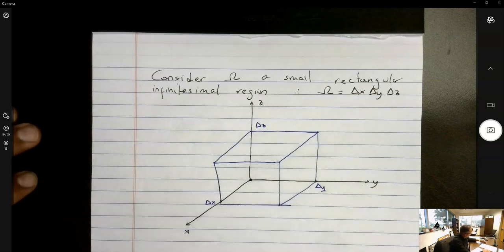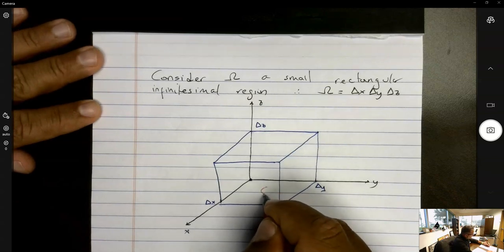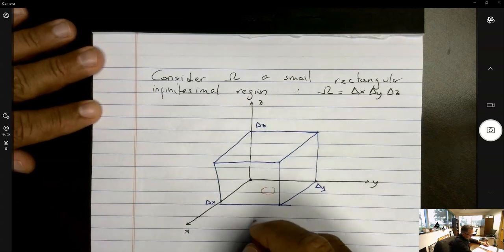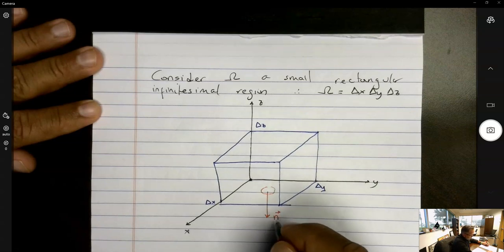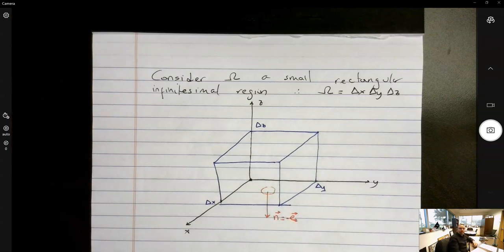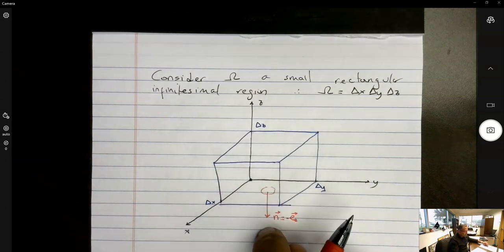And I'm going to use another ink here so you don't get this confused. On the bottom of this, we have a normal vector that is equal to the negative of the vector Ez, which is the vector that points in the z direction, but it's a negative of it because it points down.